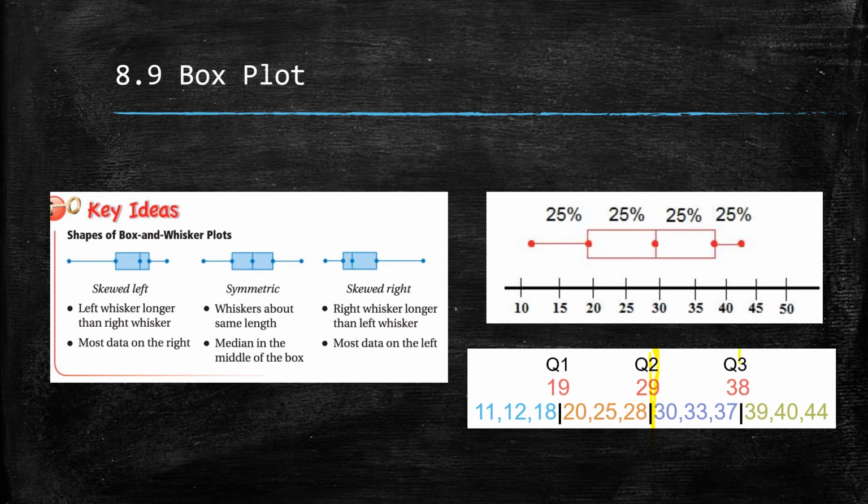And then your Q3 splits that upper quartile in half, and your Q1 splits that other quartile in half. So this is my whisker. This is 1/2 of my box. This is the other half of my box, and this is my whisker.